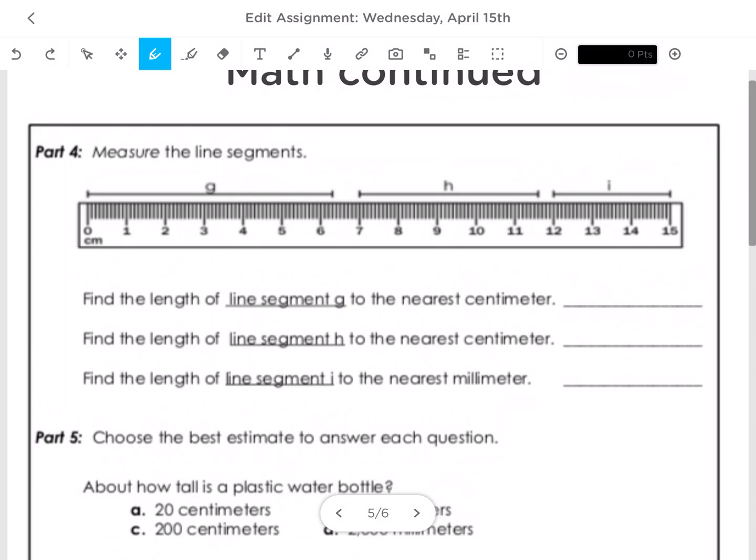If you look at that first one, you're finding line segment G. So you're going to be focusing on how far this distance is. When you look at the second one, it says line segment H. Make sure you're not saying that it is 12 centimeters because it does not start at 0. Make sure you are making that connection of it starts at 7 and where it's ending to get those lengths.